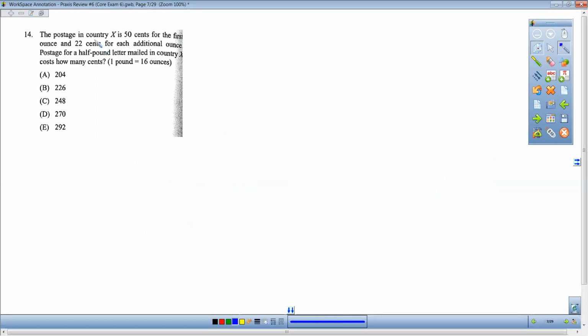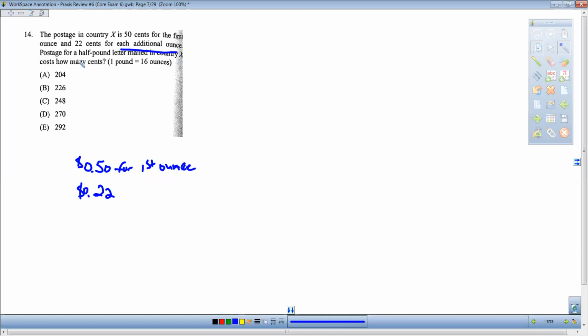14, the postage stamp in country X is 50 cents for the first ounce. So for the first ounce, we've got 50 cents and 22 cents for each additional ounce.